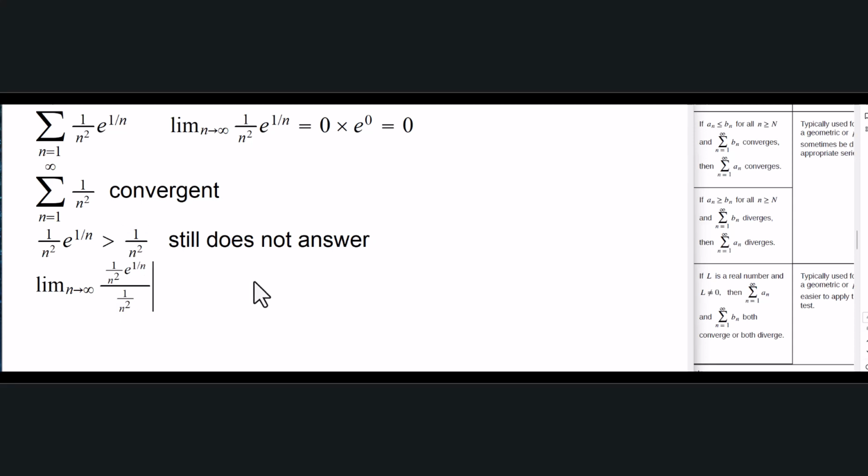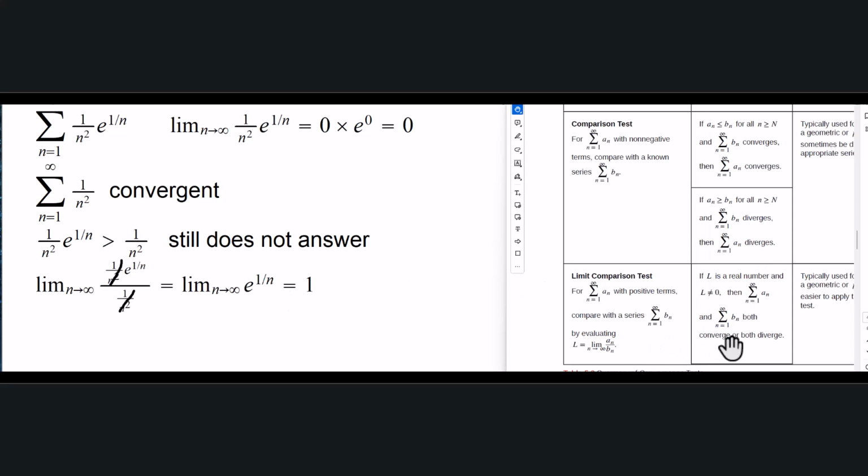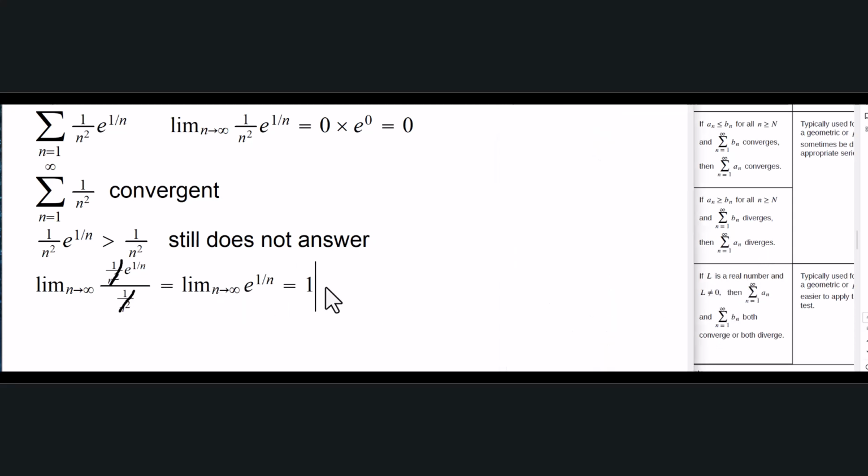So what will happen here is that we will have these two cancel each other, and only this is going to survive. So this equals the limit as n goes to infinity of simply e to the 1 over n, which is e to the 0, that is 1. So L is a real number and L is not equal to 0.